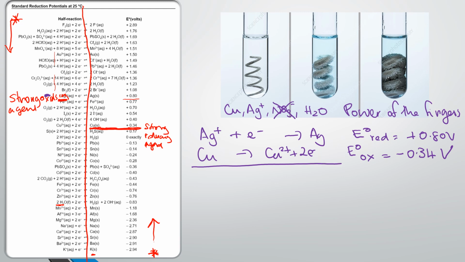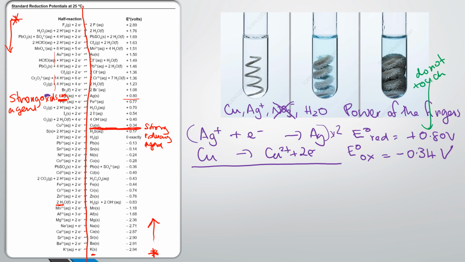So we're going to put them together to get the overall reaction and see whether or not this reaction occurs. Now we already know it happens because we've seen it, but I'll show you what happens. So in order to add these two half equations together, you're going to have to multiply this one by 2. Now whatever you do, do not touch this number. You are not allowed to multiply it.